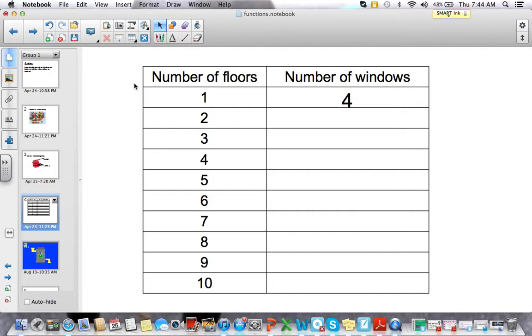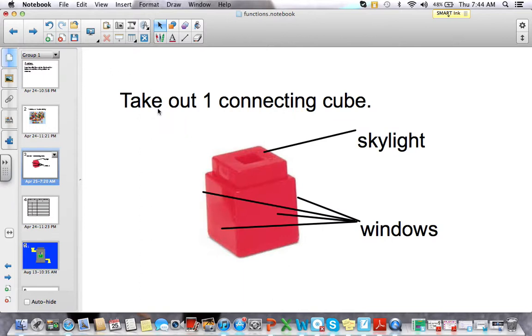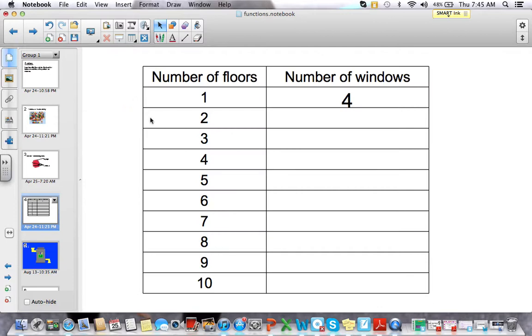Now that you have your table in your book, that was for the first floor. So let's take another connecting cube and let's place the second connecting cube on top of the first connecting cube, so that now you have 2 cubes representing 2 floors for the tower. Now count the windows.